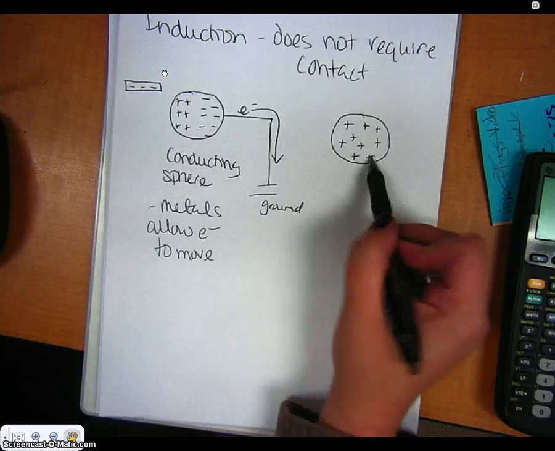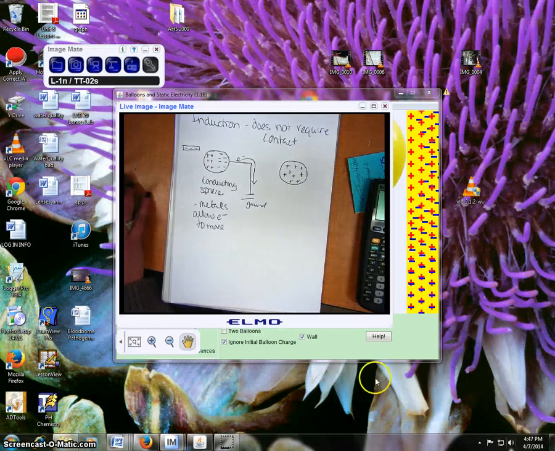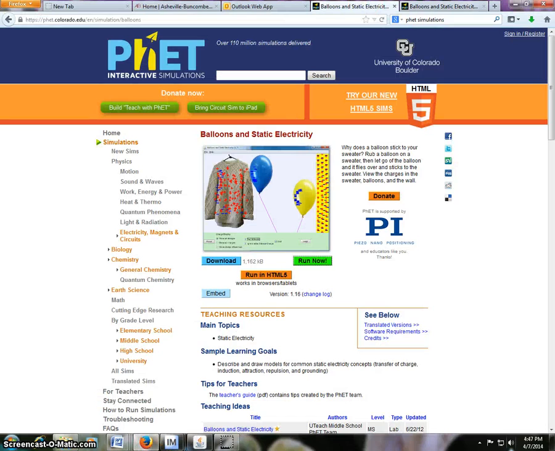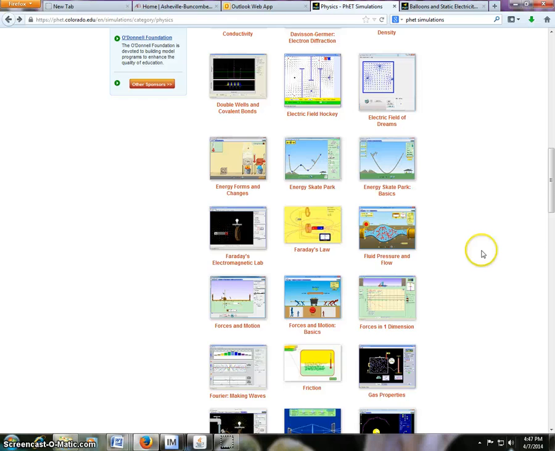There's an induced positive charge on the sphere. Okay, so this idea relates to static electricity. Let me open one other simulation so I can show you.